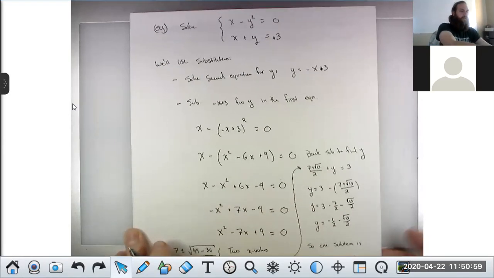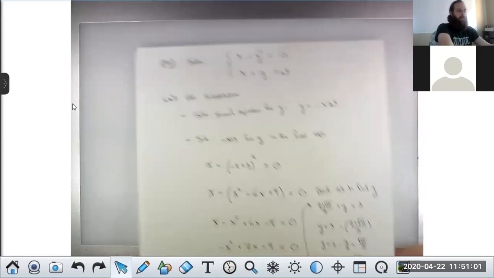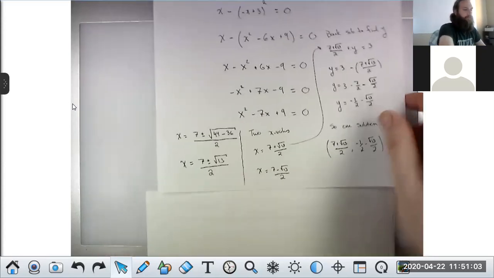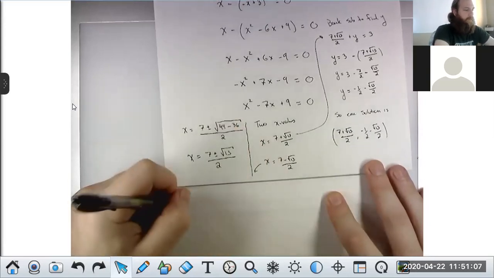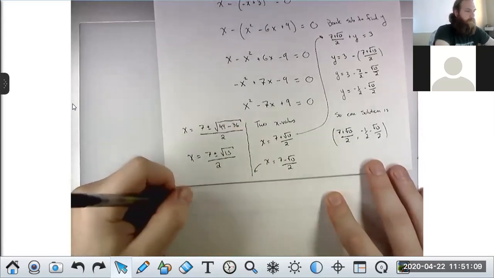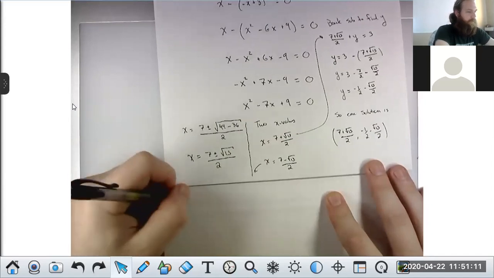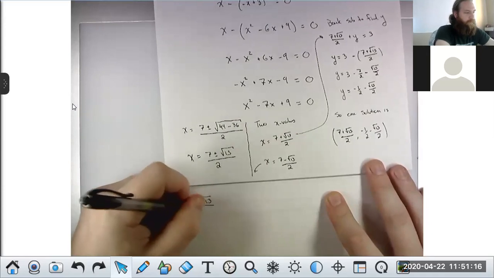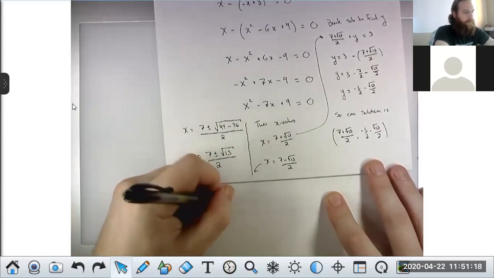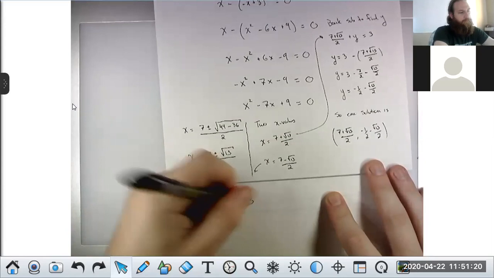And the other solution I would find by doing the same thing, just with the other x value. So to find the solution from this one, I'll take that x value and sub it back into equation 1. That would be (7 minus the square root of 13) over 2 plus y equals 3.